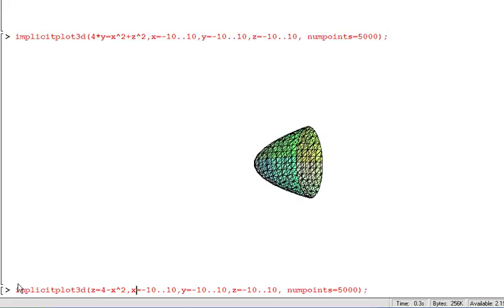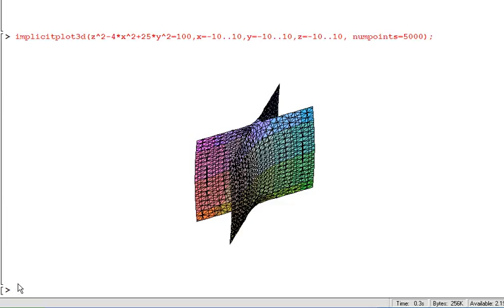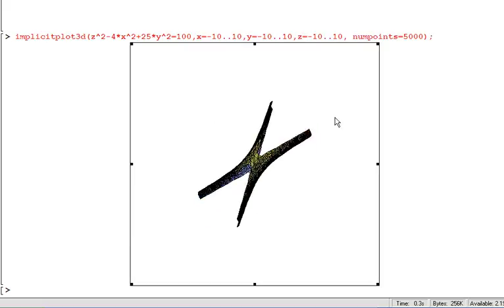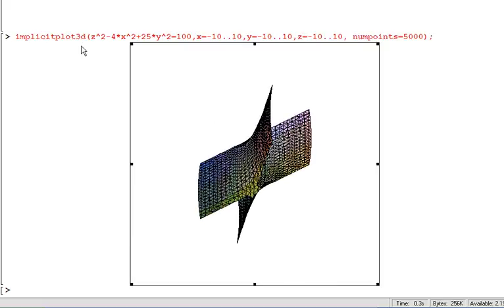Z squared minus 4 times x squared, don't forget the times, plus 25 times y squared equal 100. Let's see, did I type that in right?